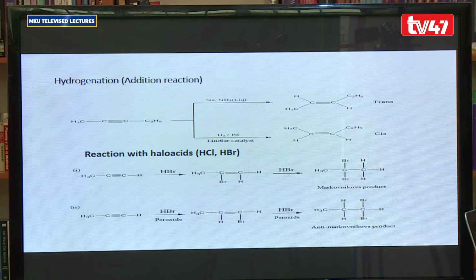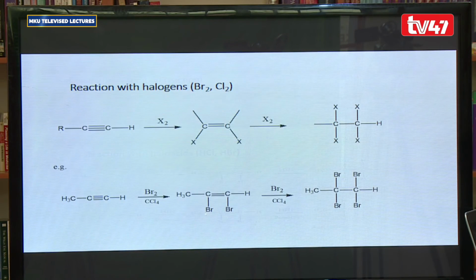So the conversion now from a haloalkene will follow Markovnikov's rule, so that the hydrogen of the second halo acid molecule will add at the carbon bearing the higher number of hydrogens. However, in the presence of a peroxide, that addition will take place at the carbon having the lesser number of hydrogens, what is referred to as anti-Markovnikov's addition.